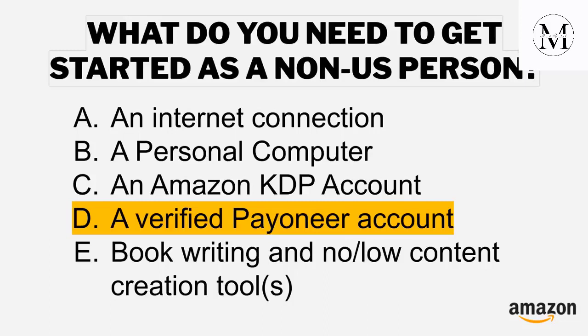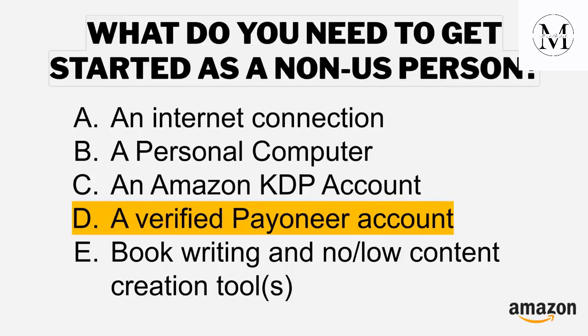Number four is you have to have a verified Payoneer account. At least for now, to the best of my knowledge, Payoneer is perhaps the only platform that I know that provides us with a US-based US dollar account.